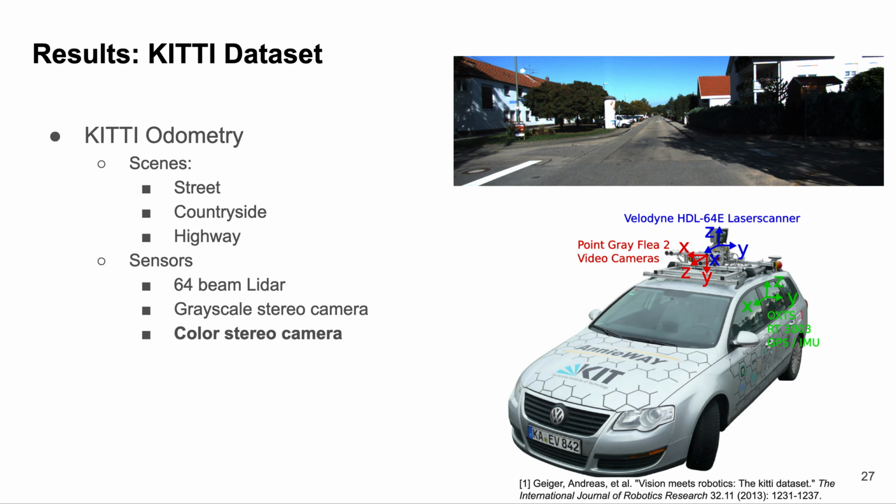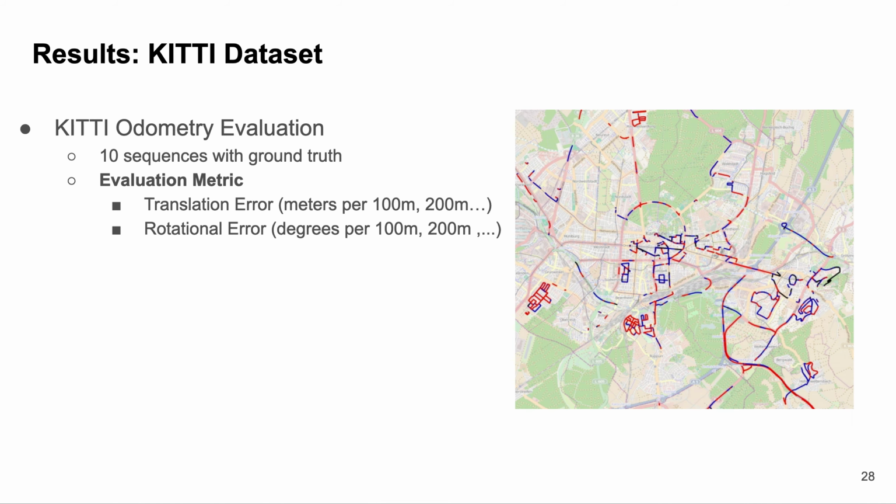Here are our experimental results. We evaluate on both an outdoor and indoor dataset. KITTI is an outdoor dataset that provides color stereo cameras. It has multiple sequences with ground truth, and error was evaluated by translation and rotation drift per 100, 200, until 800 meters.